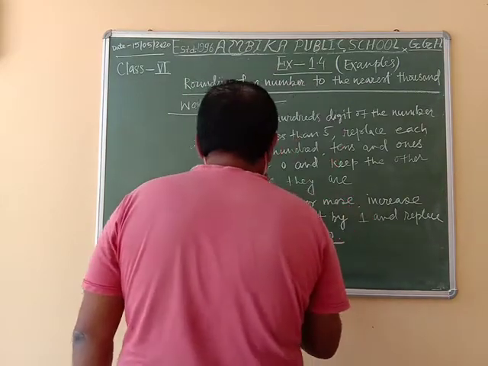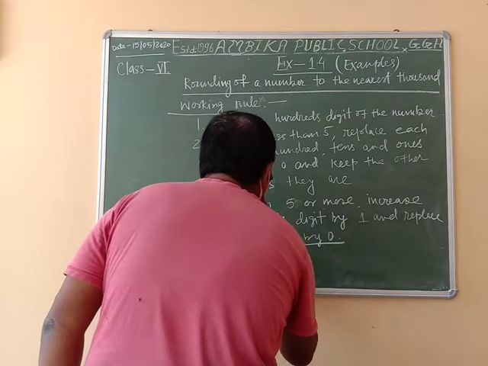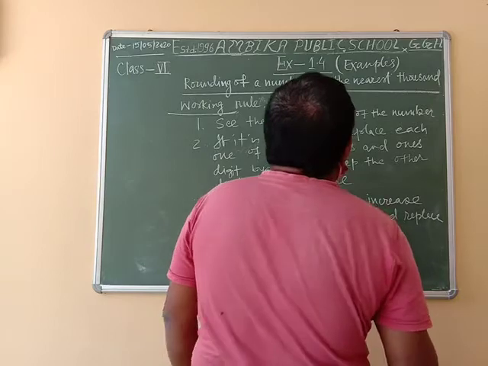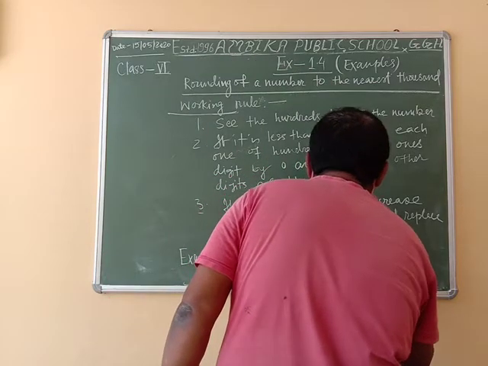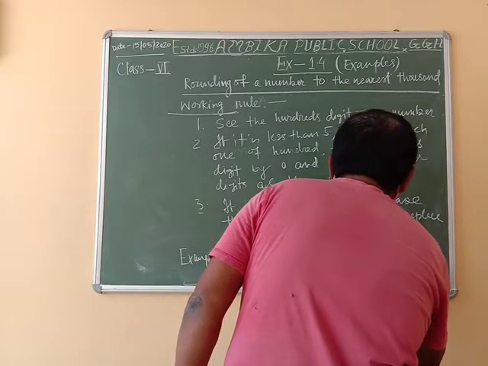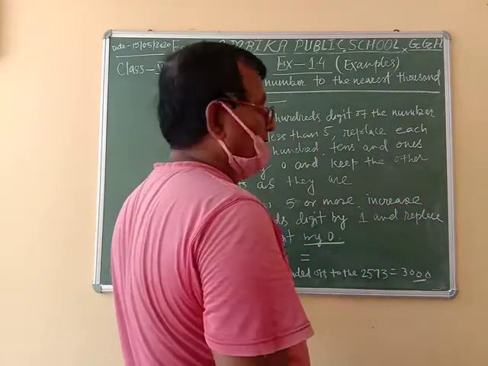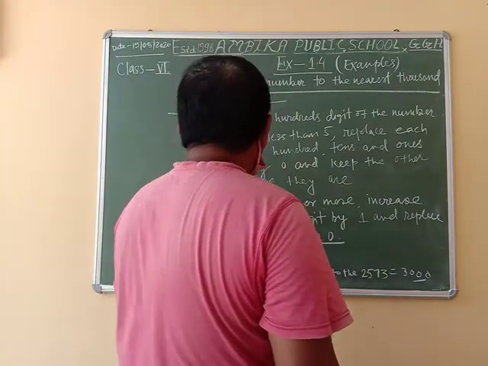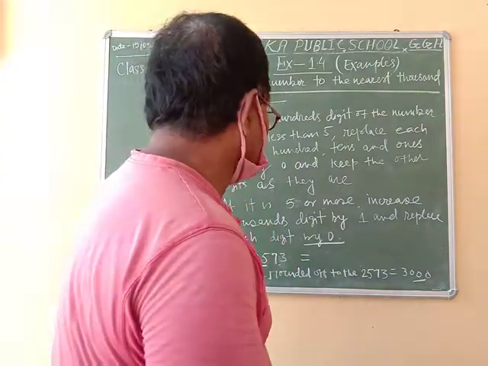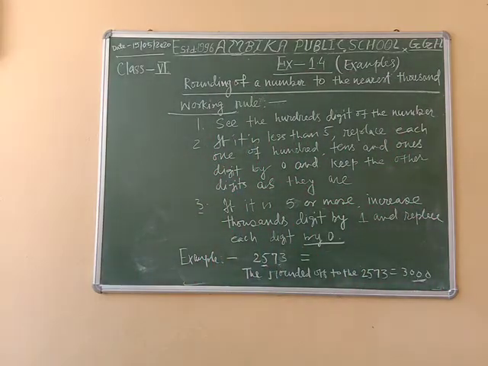So 2573 rounded off to the nearest thousand is equal to 3000. Similarly, one more example.